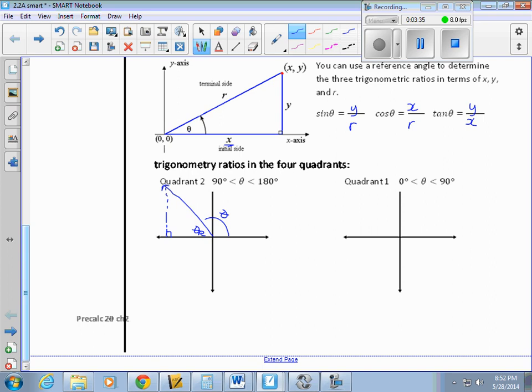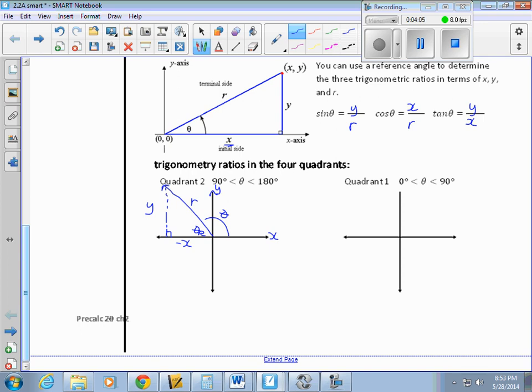So if I think of values, my r is my hypotenuse, and it is always positive. You're always going to have a positive value there. My y, because it is above the x-axis, is positive. But my x, because it's on the negative side of that arm, is going to be a negative x. So x is negative, y is positive, and r is positive.